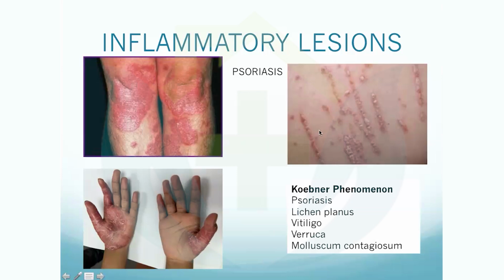Psoriasis is also associated with another phenomenon, which is called the Koebner phenomenon. Koebner phenomenon means whenever there is injury in this patient, the lesions can appear at the same site. This is an isomorphic phenomenon, and other conditions where you get the Koebner phenomenon, other than psoriasis, are lichen planus, vitiligo, verruca, and molluscum contagiosum.